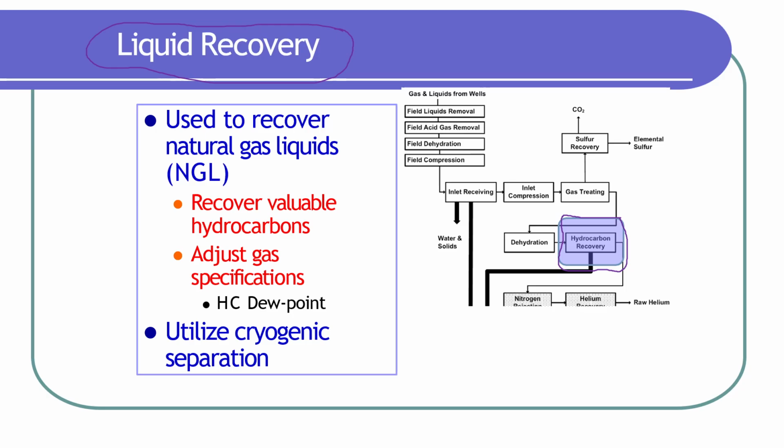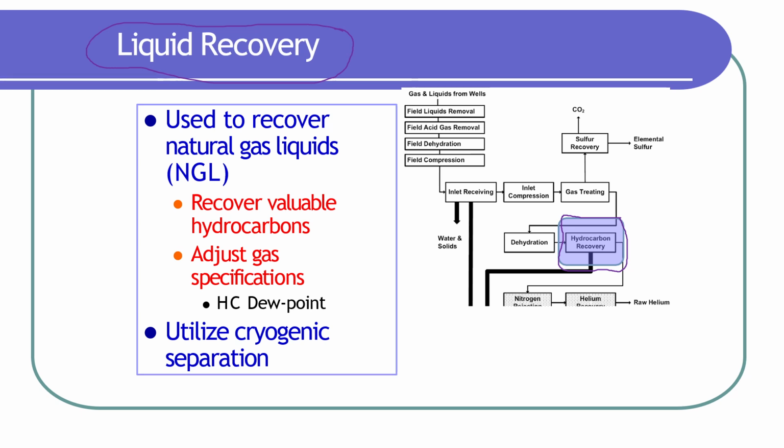So after you get the gas from the well, you do the field treatment, you bring it to the compression, and then to the gas treatment, the removal of H2S and CO2, then to the dehydration where you remove water, then you do the hydrocarbon recovery, which is the process used to recover or to fractionate the NGL, or natural gas liquids. And this is required to recover valuable hydrocarbons, which are very expensive hydrocarbons, by the way, and to adjust the specifications such as the hydrocarbon dew points as well.